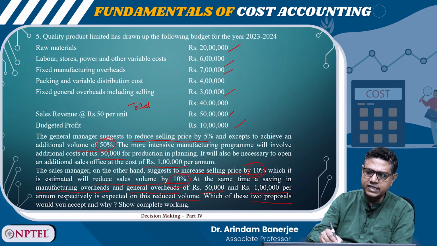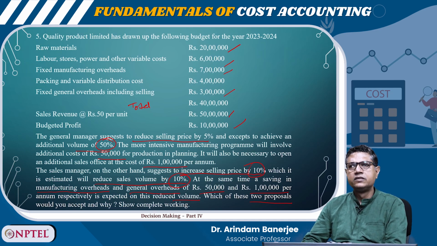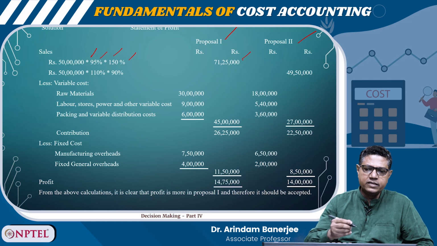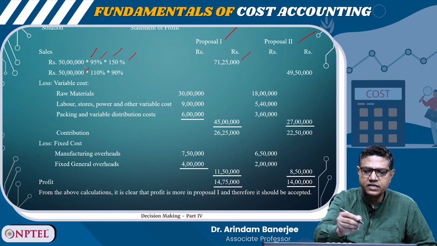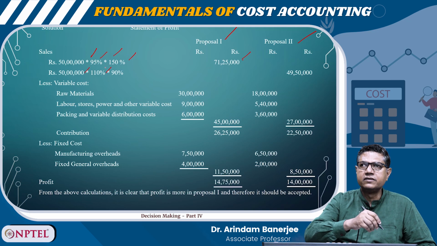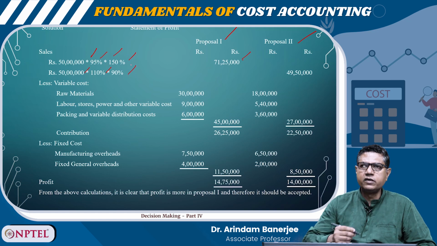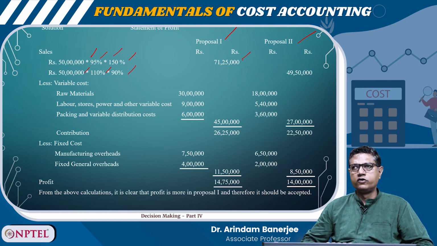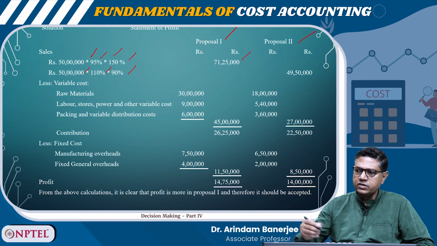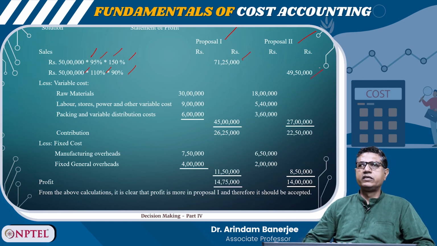Because the sales price is increasing, the sales volume is expected to reduce, but at the same time it is going to save the cost. We will come to that later on. So, 50 lakh into 110%, the 10% increase in selling price, and into 90% because of the 10% reduction in sales volume. So, 50 lakh into 110% into 90%, it comes to 49 lakh 50,000.